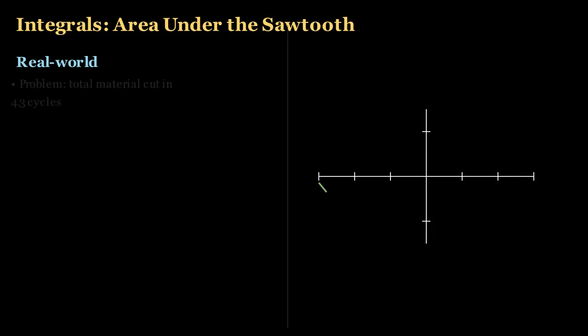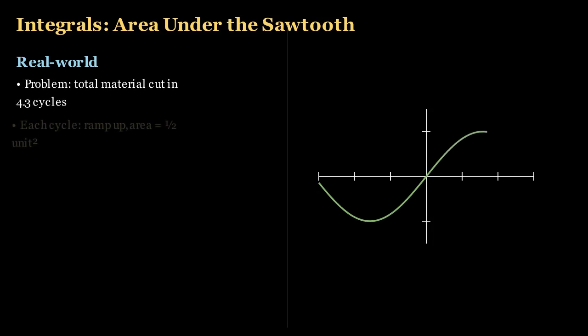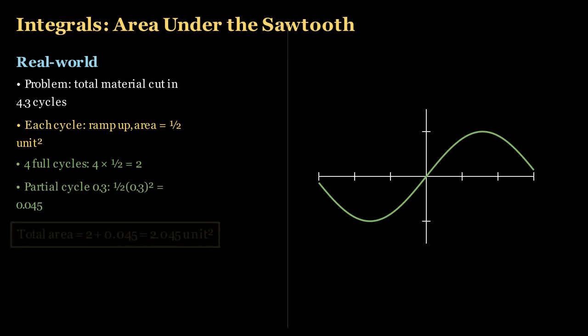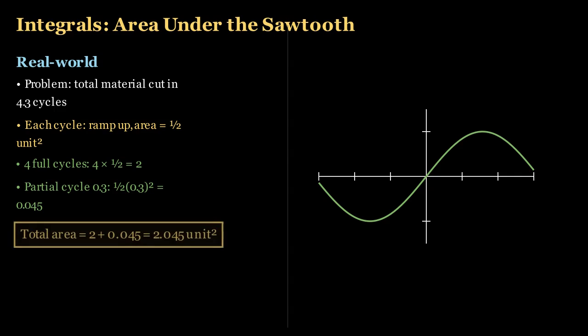Its area is half of 0.3 squared, which is half of 0.09, or 0.045. Adding them gives 2.045 square units. This method works for any number of cycles, just count the full triangles and add the partial one. So the whole idea is, the integral of a periodic piecewise linear function is just the sum of simple triangle areas.